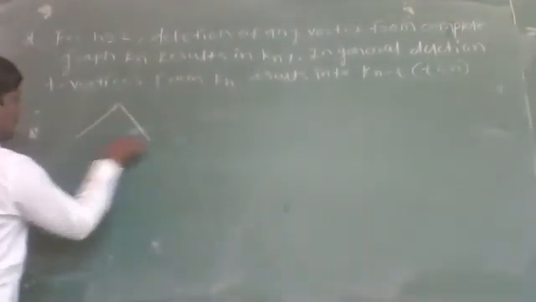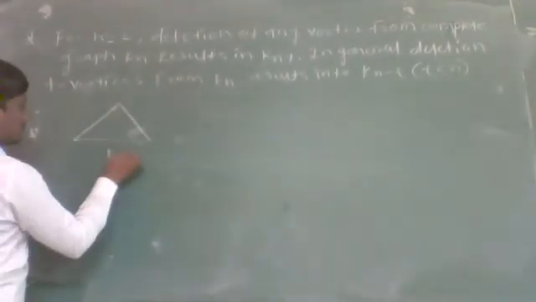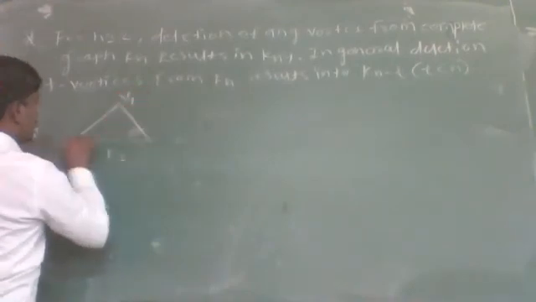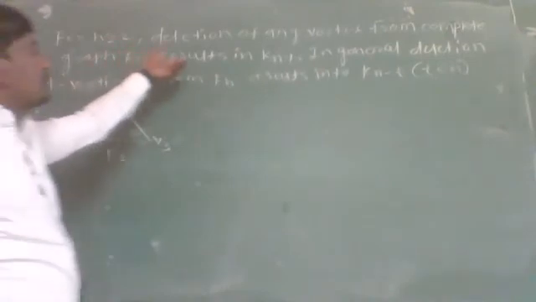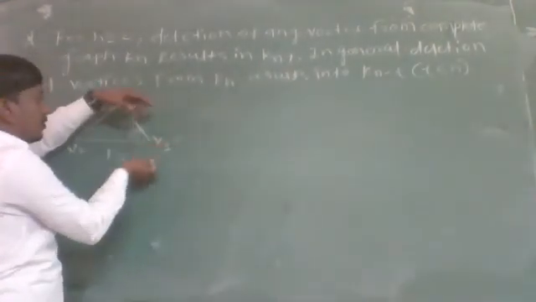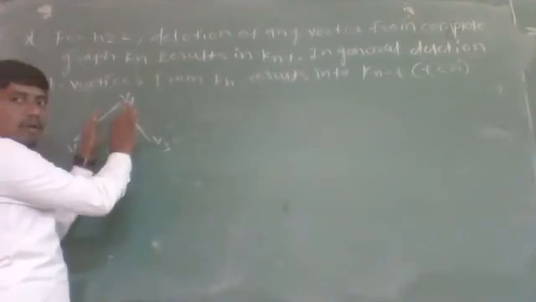Let us check by taking an example. Suppose this one is K3, with vertices V1, V2 and V3. Now, if we remove a particular vertex from a complete graph Kn, then it results in Kn minus 1. Let us remove the vertex V3; then we also have to remove the edges incident on that vertex V3.